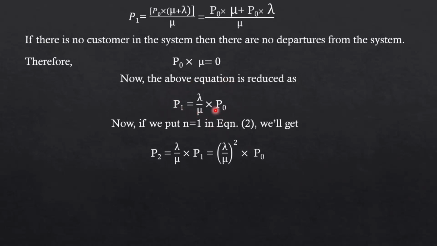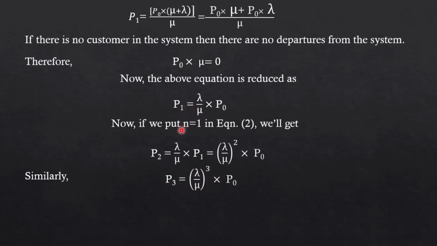Putting this value of p1 in, we get lambda by mu whole square multiplied by p0. Now if we put n equal to 2, then we have p3 as lambda by mu to the power 3 multiplied by p0.